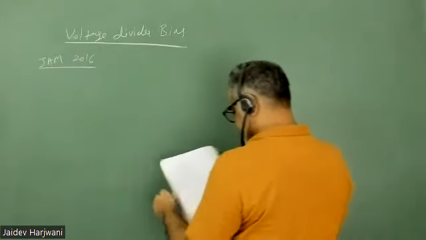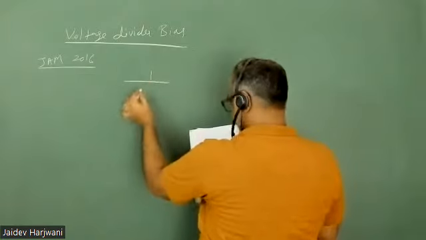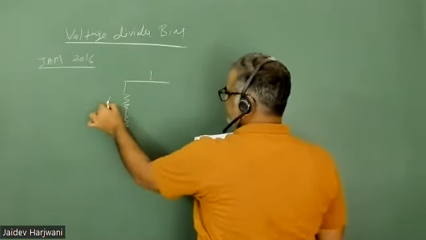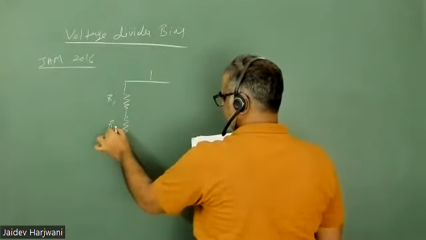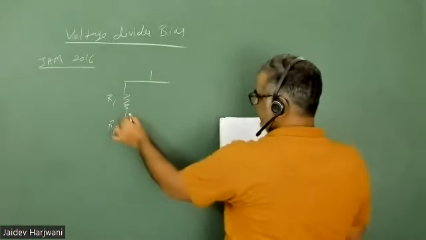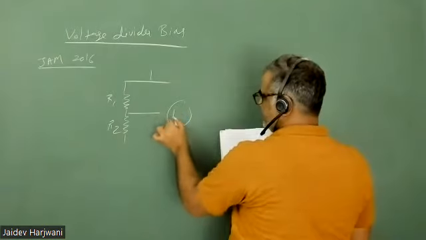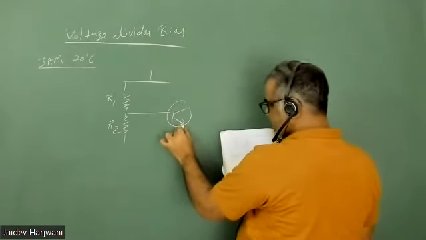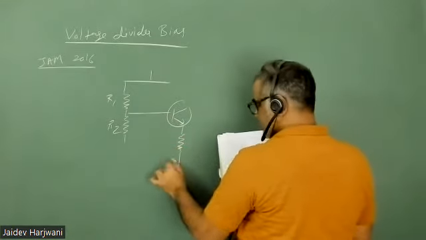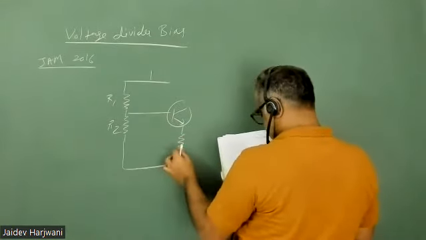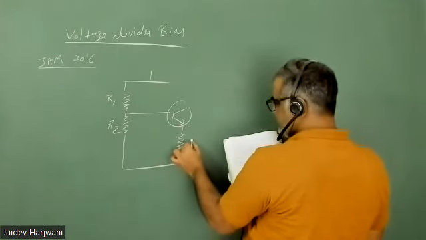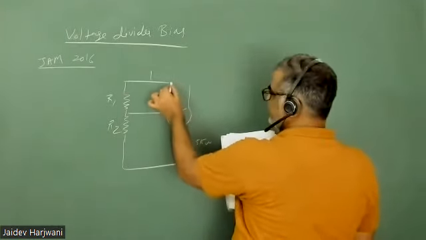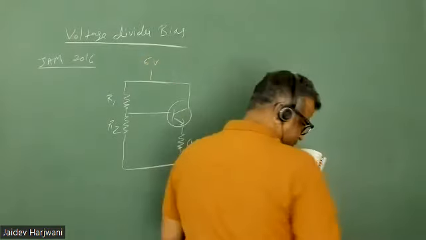So in this problem, they have given one divider circuit R1, R2, and a transistor as usual in common emitter mode. RE value is given as 0.5 kilo ohm and VCC is 6 volt.